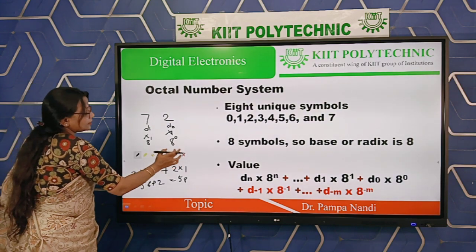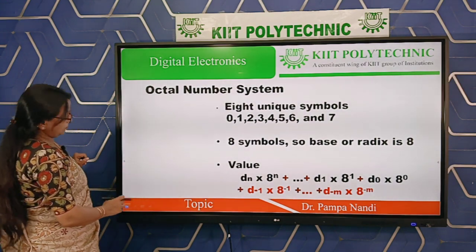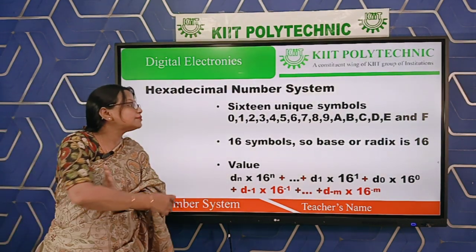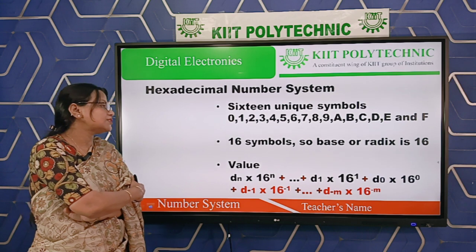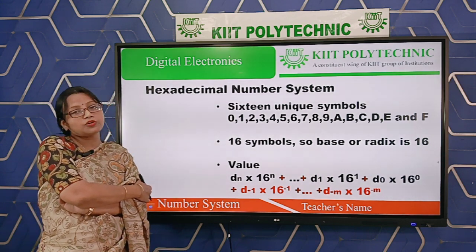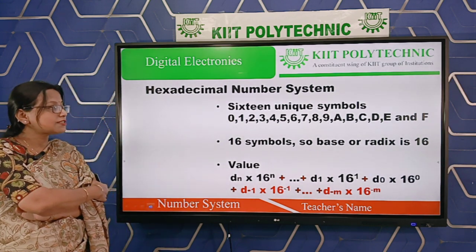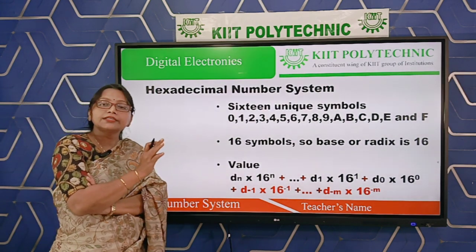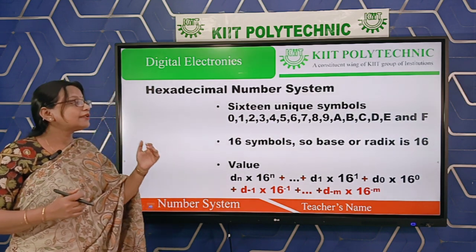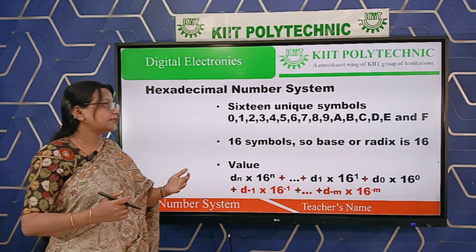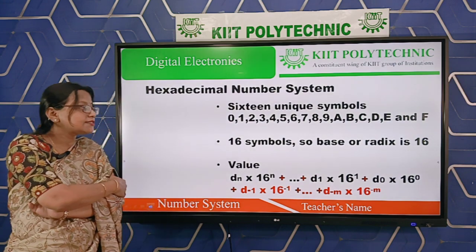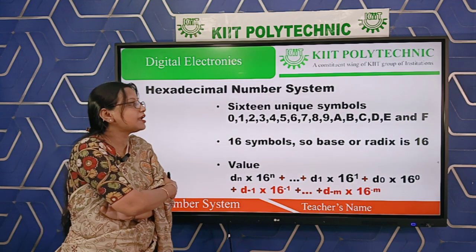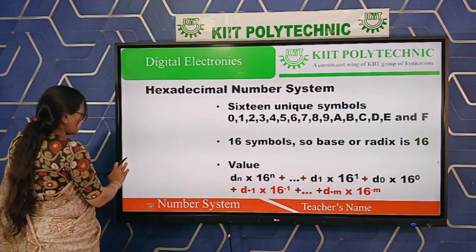Okay. Then another number system, hexadecimal. The hexadecimal number system has a base of 16. There are 16 symbols. First 0, 1, 2, 3, 4, 5, 6, 7, 8, 9, like the decimal number system, and the other 6 digits are A, B, C, D, E and F. Here A stands for what?